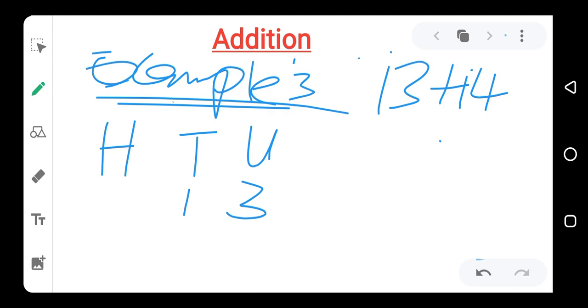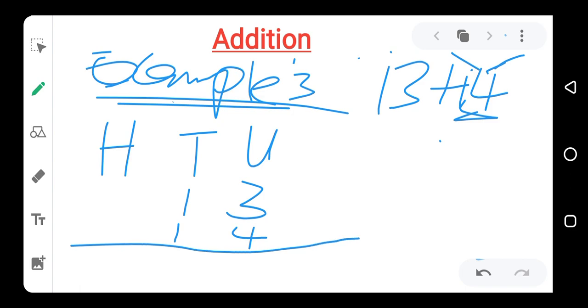Now, the second number is 14. 14 has 1, 4. It has 2 digits. We put the first one under units and the second one under tens. So we have 4 under units and 1 again under tens. Now we draw our line.